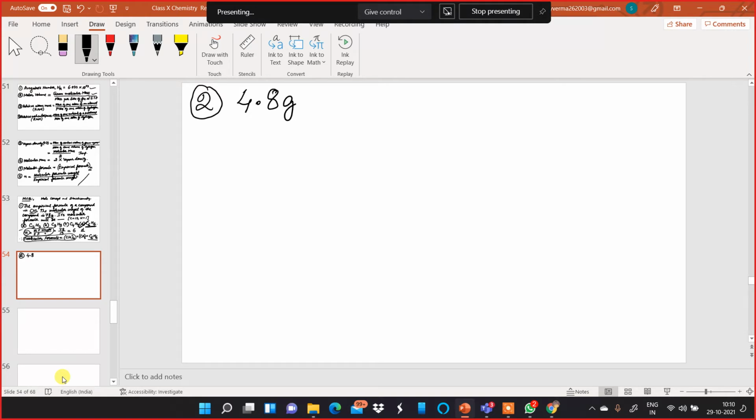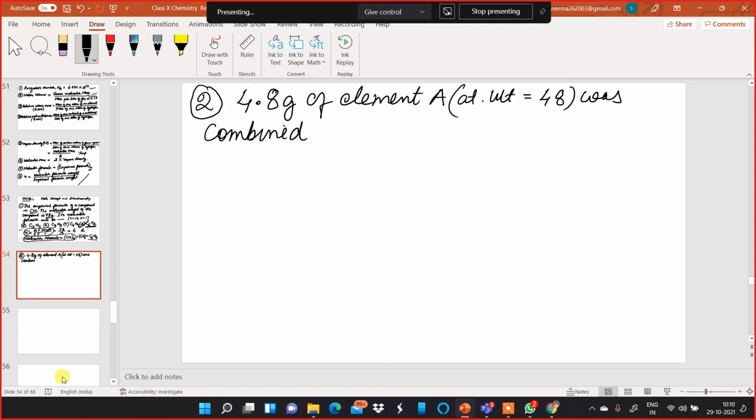4.8 grams of element A, capital A, atomic weight is equal to 48. The element has atomic weight 48. Was combined with 3.2 gram of element B, capital B, and element B atomic weight is equal to 16.